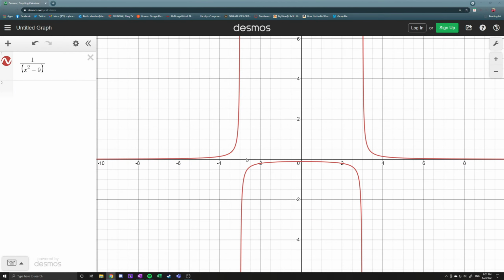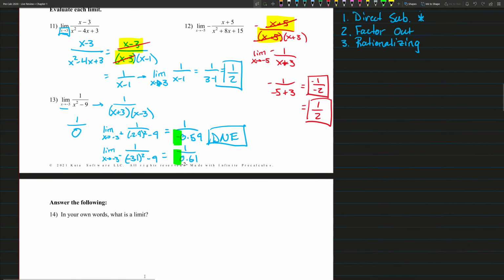Yeah. So as we're approaching x equals -3, from the left we're going to positive infinity, and from the right we're going down to negative infinity. Because of that, there's different behaviors, so that limit does not exist. Okay, I hope that makes more sense. But bottom line, we're not able to factor out anything, right? It's an essential discontinuity. And there's different behaviors on both sides, so the limit does not exist.